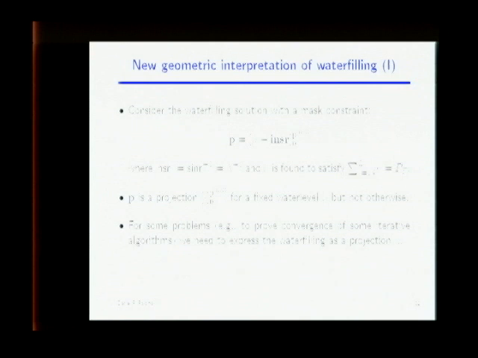If somebody gives you the mu, yes, it's a projection, but otherwise it's not. And what's the problem with that? Well, we will see later that for showing convergence of some algorithms, we would like to express the waterfilling as a projection without water levels. It looks weird, right? But actually, we can do it. So let's see how we do that.